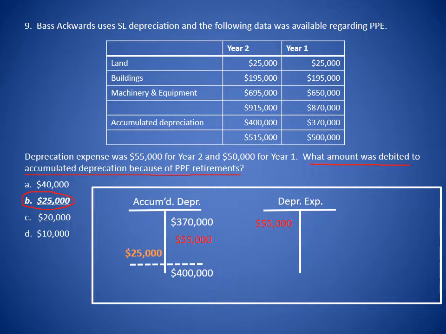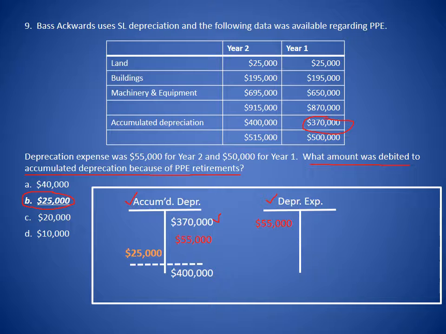So I know I'm going to have accumulated depreciation, and I'm also going to have depreciation expense. And I know there's a relationship between accumulated depreciation and depreciation expense. Now, when I take a look at my accumulated depreciation account, it had an ending balance in year number 1 of $370,000. So that represents my credit balance in accumulated depreciation.